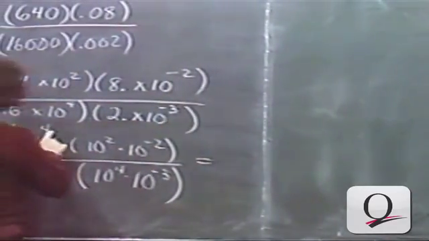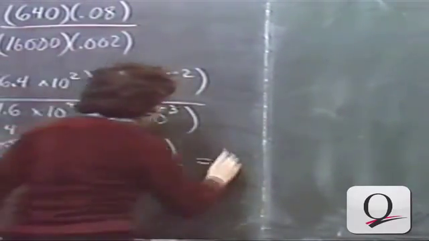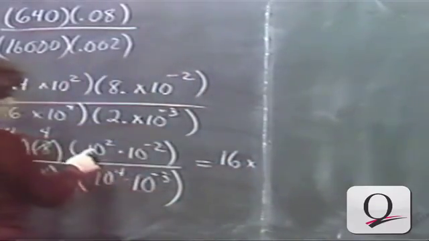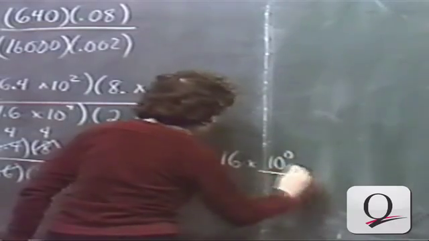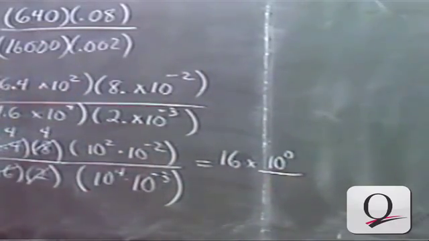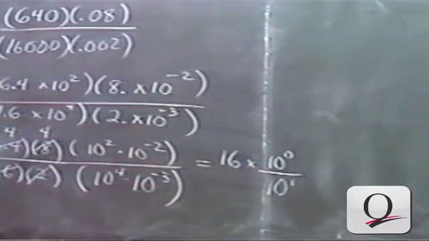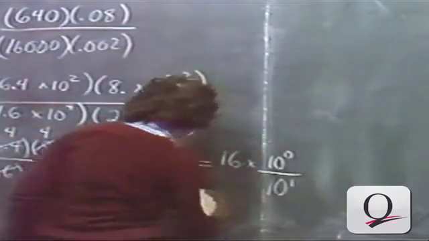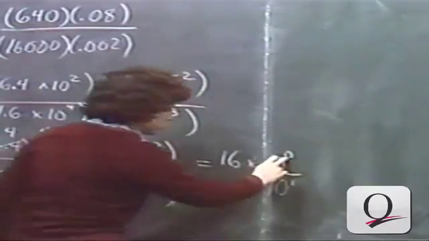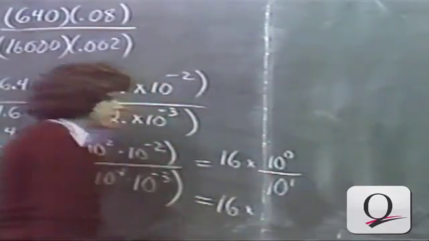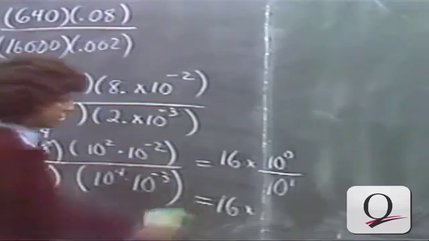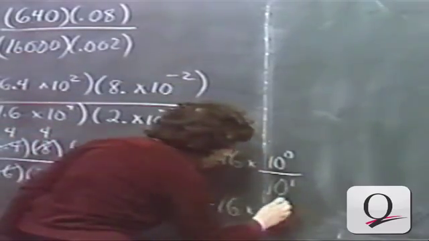Here we have 4 times 4 over 1 times 1, that is 16, times. Now 10 to the 2 times 10 to the minus 2 is, of course, 10 to the 0. 2 minus 2 is 0. 10 to the 4 times 10 to the minus 3 is 10 to the 1. In both cases, I added the powers because we were multiplying. And now, since we are dividing, 10 to the 0 divided by 10 to the 1 is 10 to the 0 minus 1.